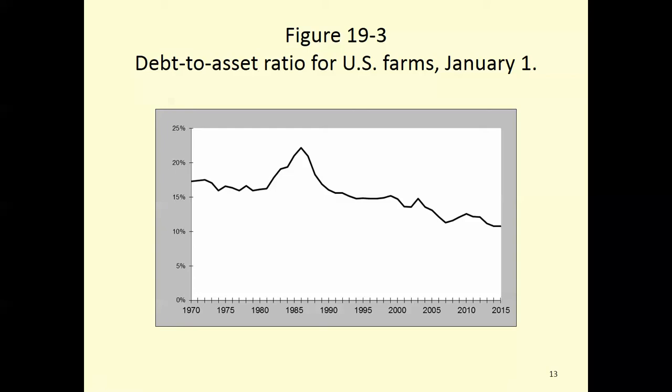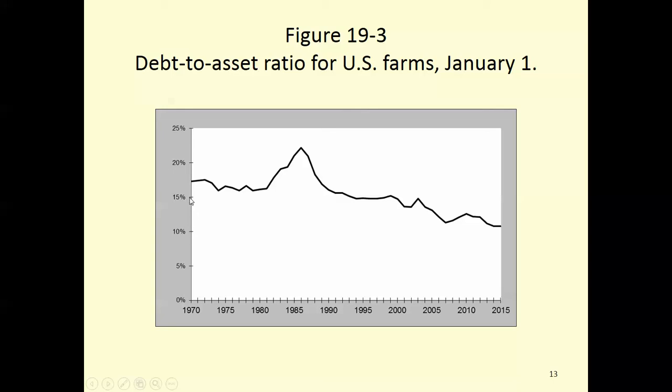Debt to asset ratio means the amount of liabilities relative to total assets. The lower the debt, the better. And it's really surprising. The average farm has a debt, according to this, in 2015, between 10 and 15% debt.